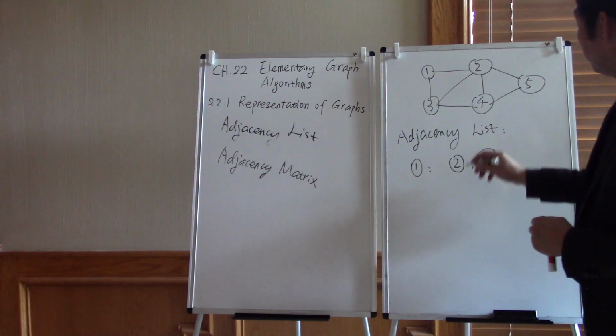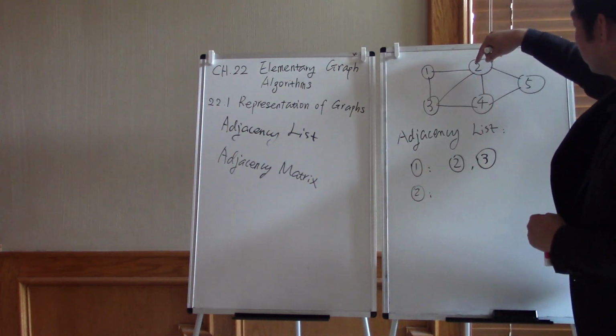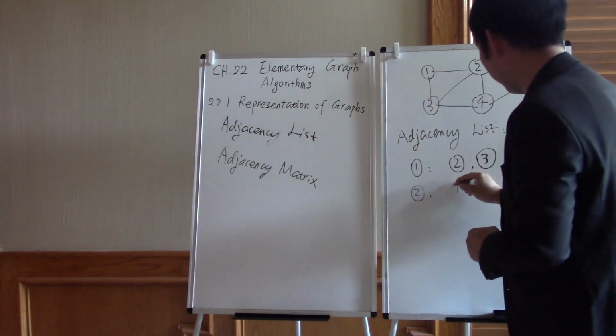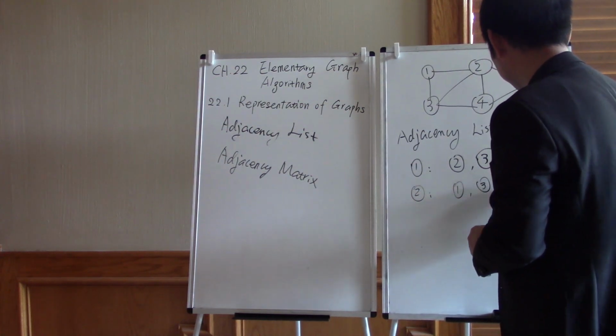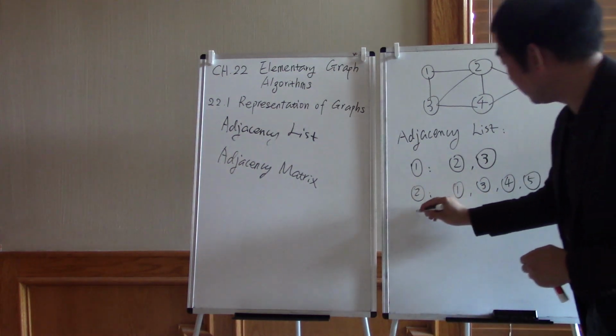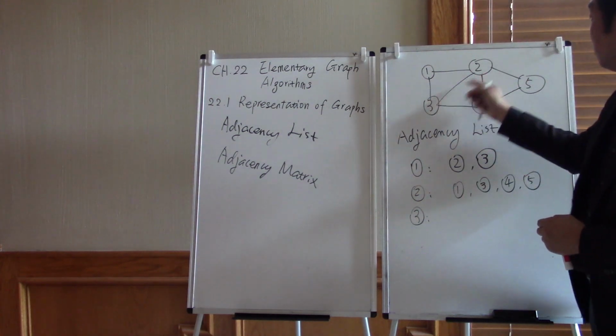And for node 2, what are the neighbors? Node 2 has neighbors 1, 3, 4, and 5. Now for node 3, how many neighbors does it have? Node 3 has neighbors 1, 2, and 4.